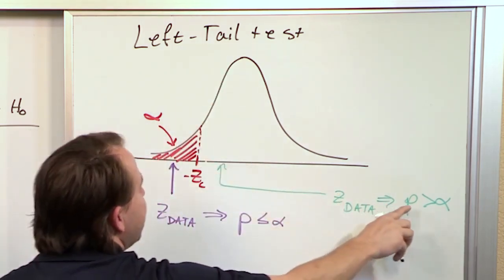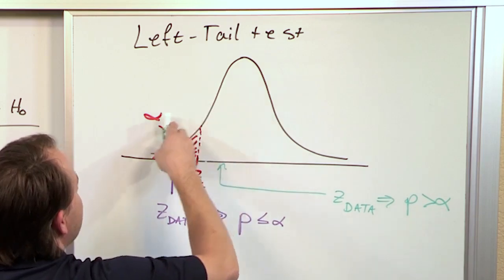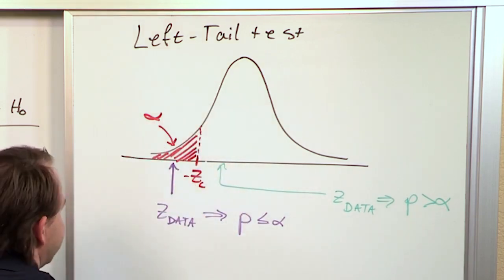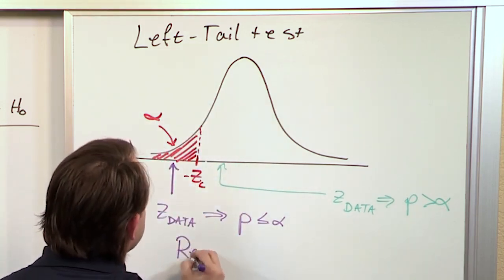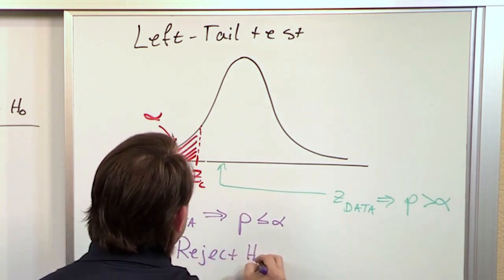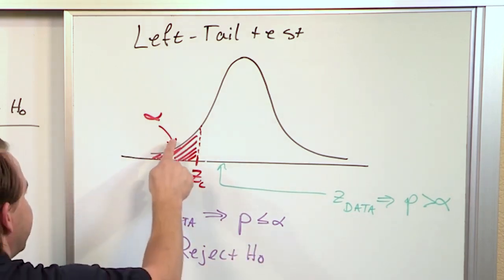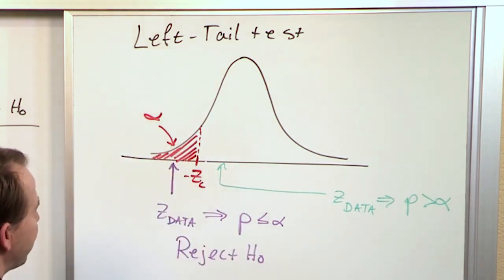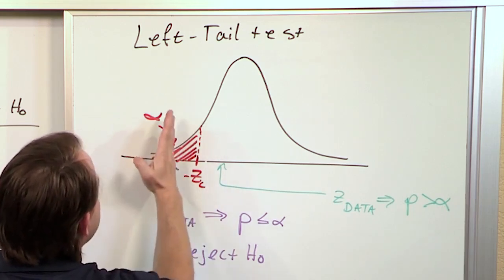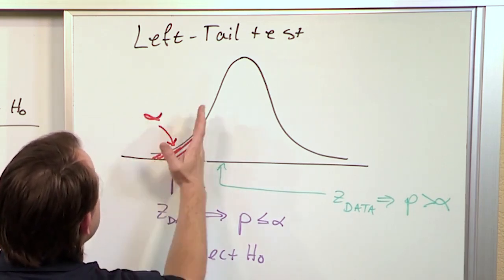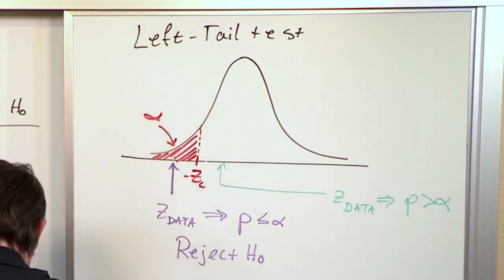The area would be greater for that p-value as compared to this. So in this case, everything lines up again. We reject the null hypothesis because the test statistic falls in this region, but also, in terms of areas, the p-value, the area here, is less than the level of significance here.